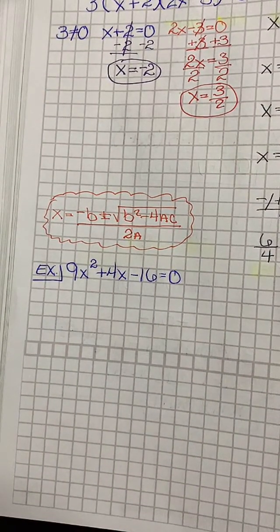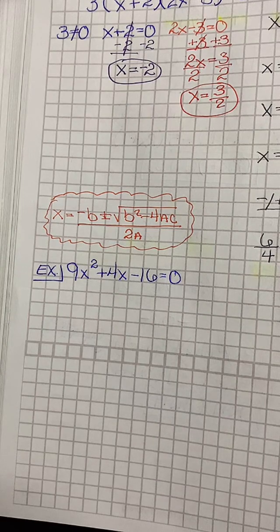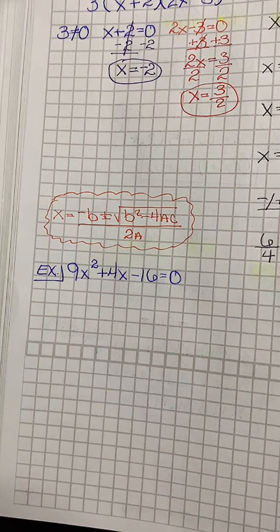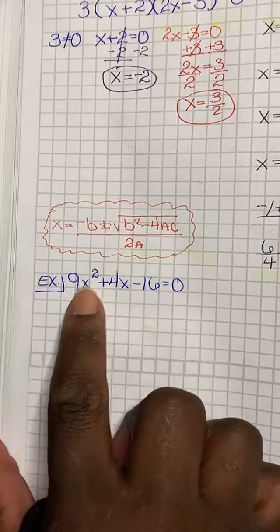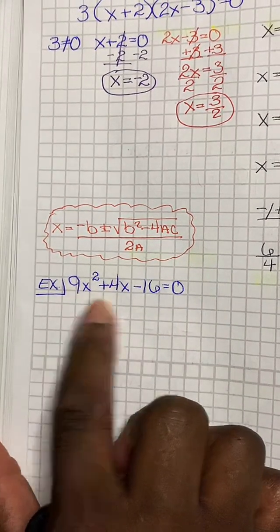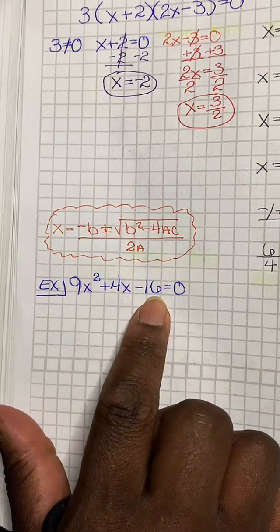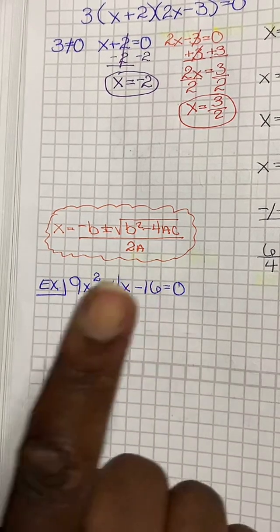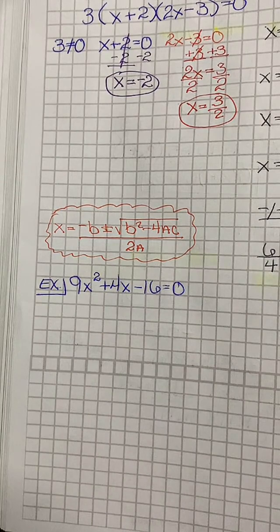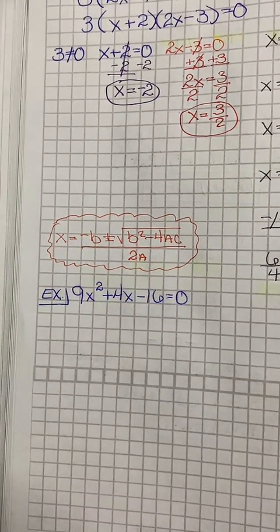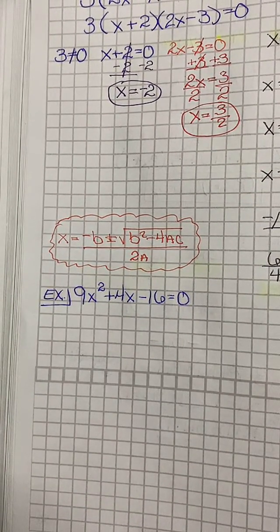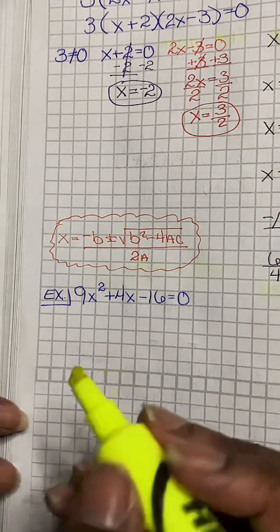We don't have a GCF, and let me explain why. The only thing that 9, 4, and 16 have in common is 1. So quadratic formula.